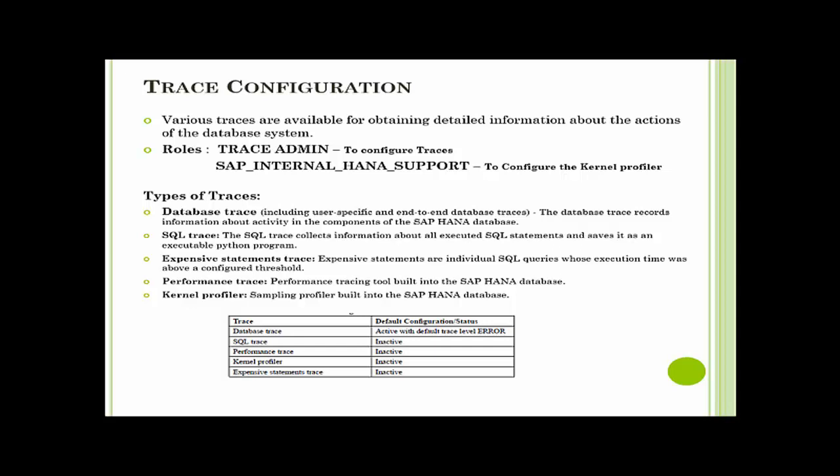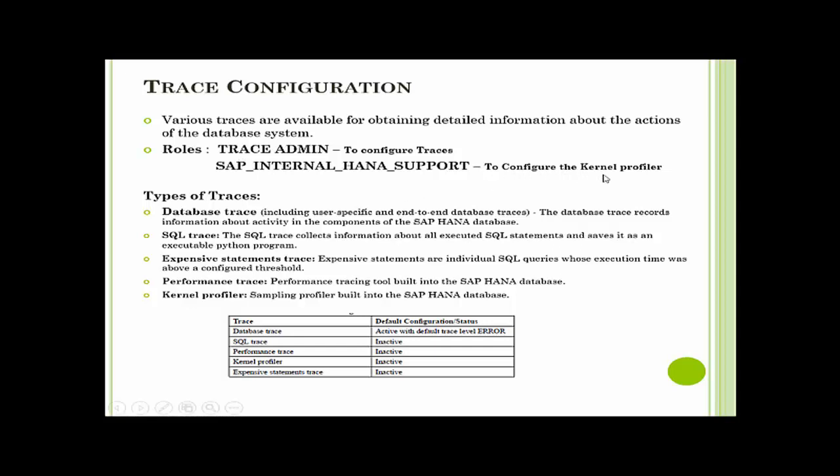Once we add the system in the SAP HANA Studio, we can open the administration editor, and inside that we can see the trace configuration tab, where different configuration options are available for each trace type. To use this trace configuration tab, that is, to make any configuration changes to the trace settings, we need a suitable role, that is, trace admin.